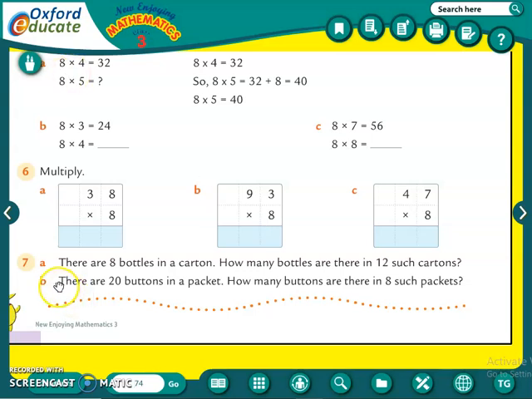And here 7th, there are 8 bottles in a carton. How many bottles are there in 12 such cartons? अगर 8 कार्टून में 8 बॉटल है तो 12 कार्टून में कितनी बॉटल्स है? For that what will we do? We will do 12 multiply by 8 and whatever the answer is, that you have to do.